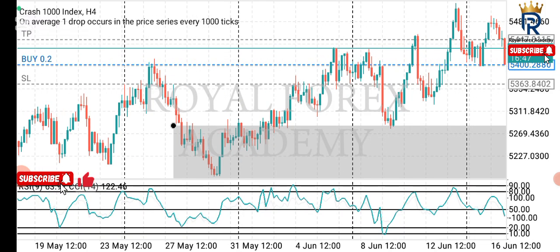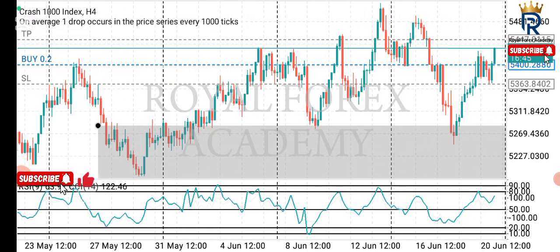So how do we make our entry? If you are making this entry on a 1-hour time frame or 4-hour time frame, you will need a candlestick formation, which is either a bullish candlestick or a pin bar.